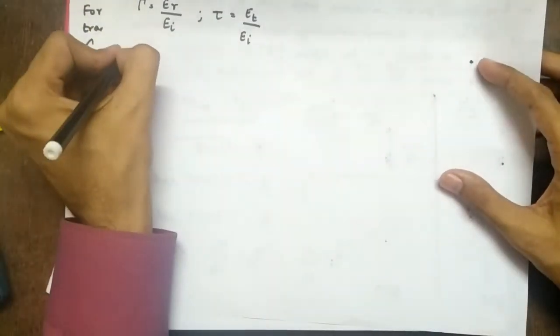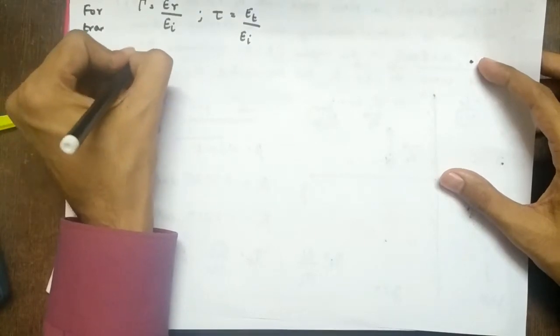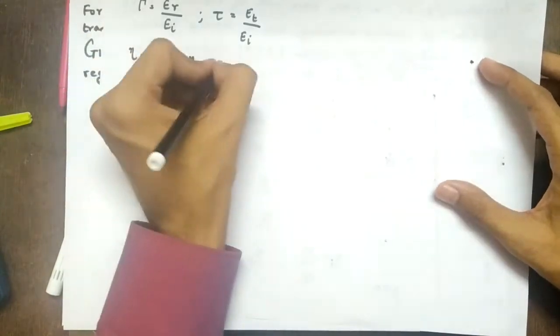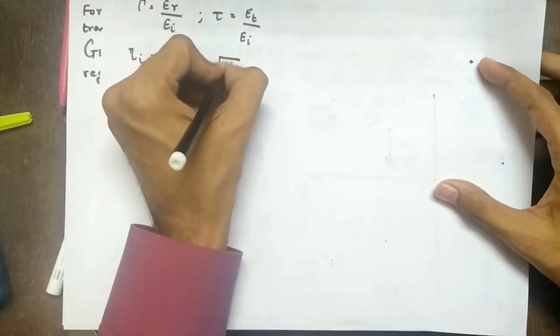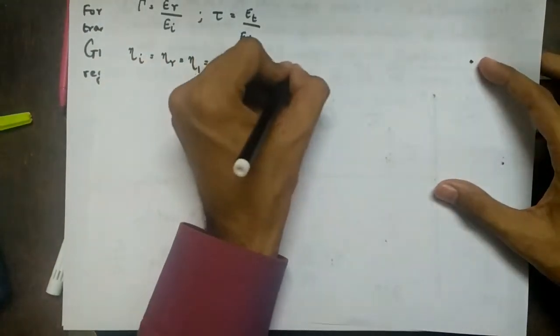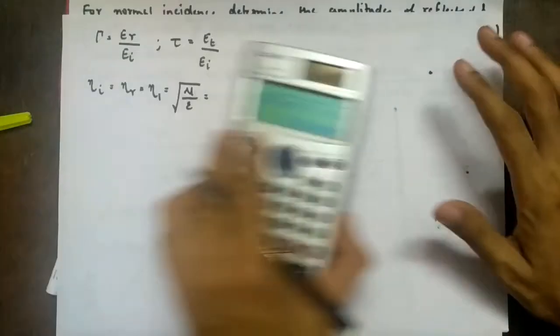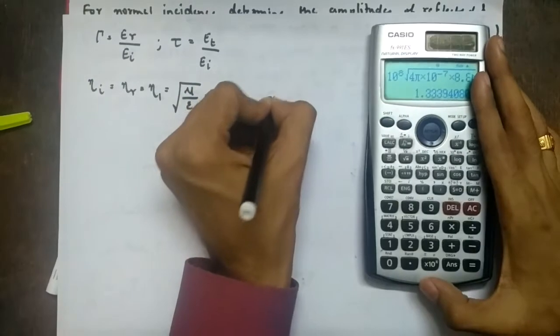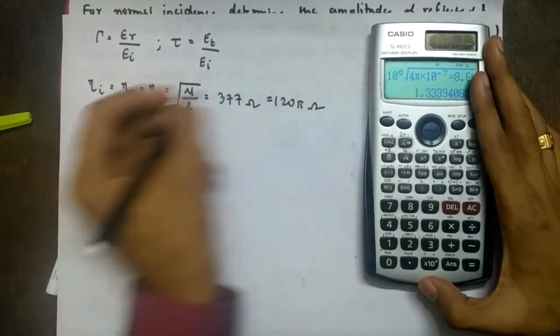So first find eta I equal to eta R equal to eta 1. It is square root of mu by epsilon, which is nothing but free space, right? So it is 377 ohms. If you want, you can write in terms of pi, so 120 pi ohms.